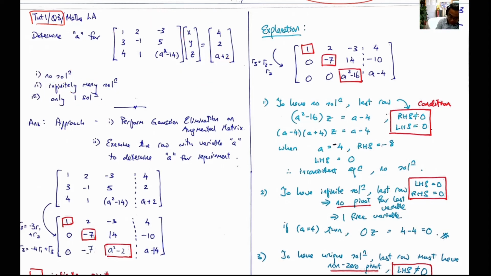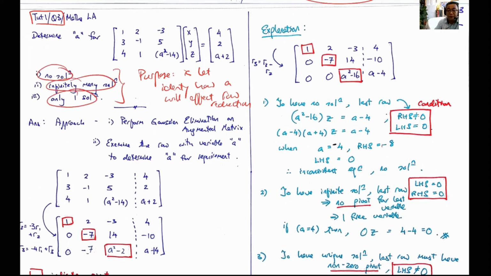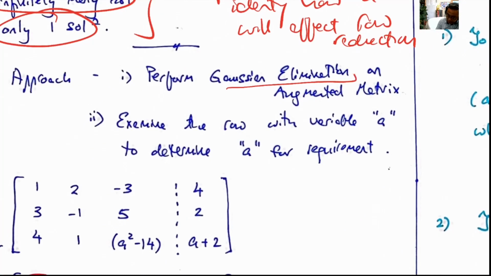So the purpose of this tutorial question is to let you identify how a will affect row reduction, and therefore we will be able to identify when we will have no solution, infinitely many solutions, or only one solution after row reduction. Let's proceed to perform Gaussian elimination on the augmented matrix A, B.